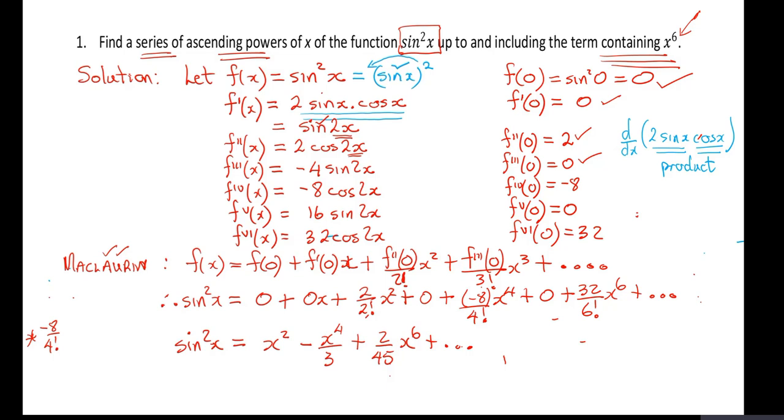And whenever you can, as in our case, make a differentiation process easier, you do so. So we took 2 sine x cos x and wrote it out as sine of 2x, and that made our differentiation process a lot easier.